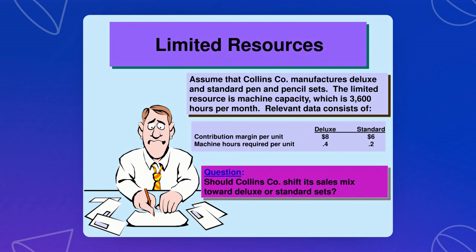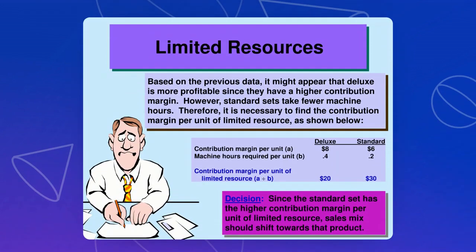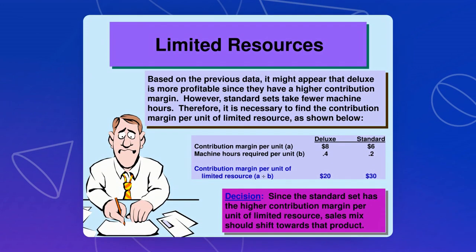So, that depends, class, on what we will do about the standard and at the same time about your deluxe. Based on the previous data, it might appear that deluxe is more profitable since it has the higher contribution margin. Isn't 8 bigger than 6 for deluxe? However, please take note that the standard sets take fewer machine hours because you only need 0.2. That's because of the limited resources.